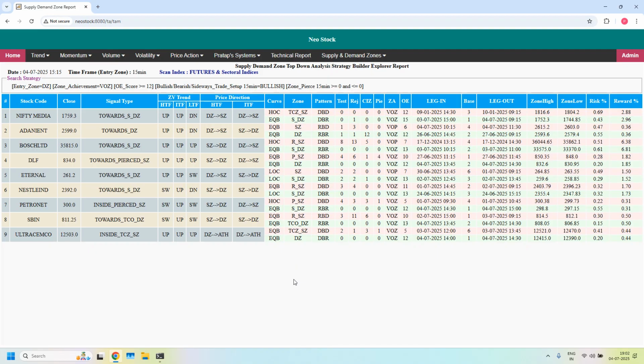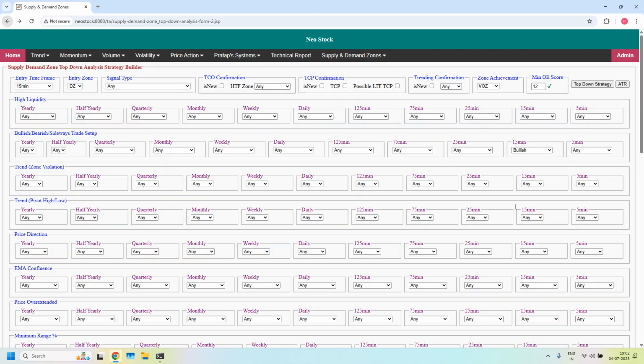Out of these 9, let us further filter for finding the high probability trade setup supported zones. That we will filter based on different zone confluence and then EMA confluence strategies. So first filter is LTF and ITF demand zone confluence. That is 15 minutes and 75 minutes demand zone confluence.